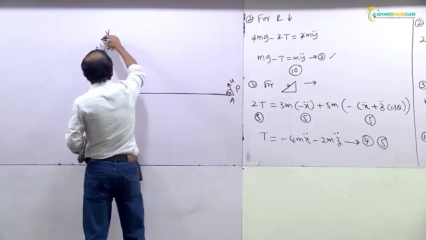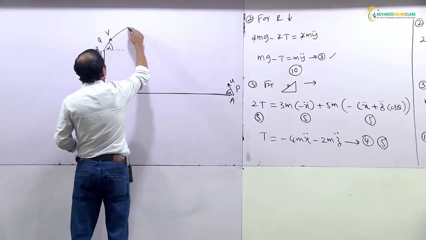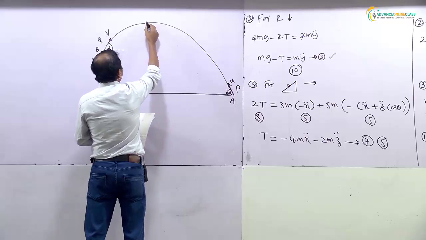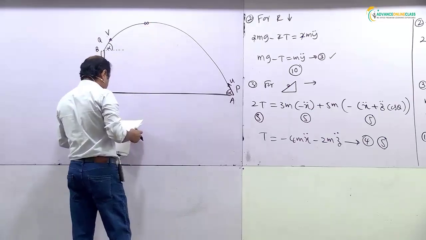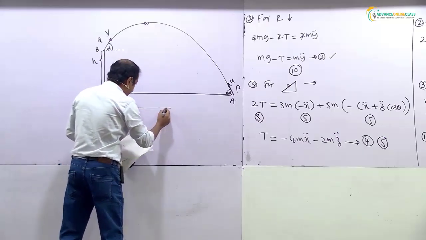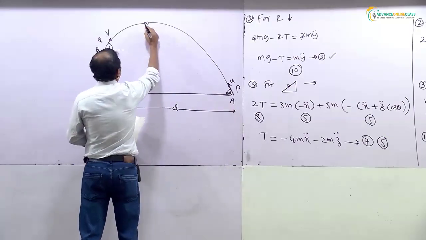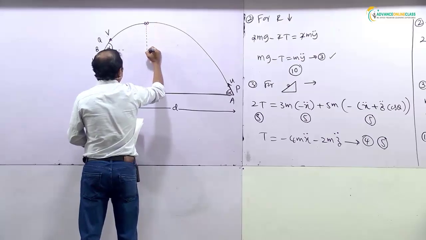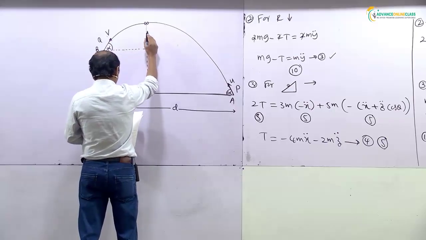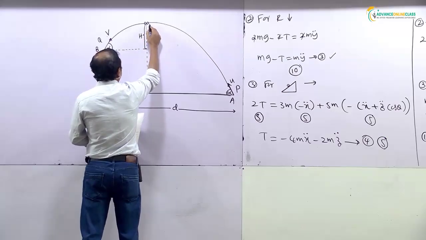Here this is Q particle. This distance given as d. Let us take this point. This is h. I'll take the whole height as h dash.